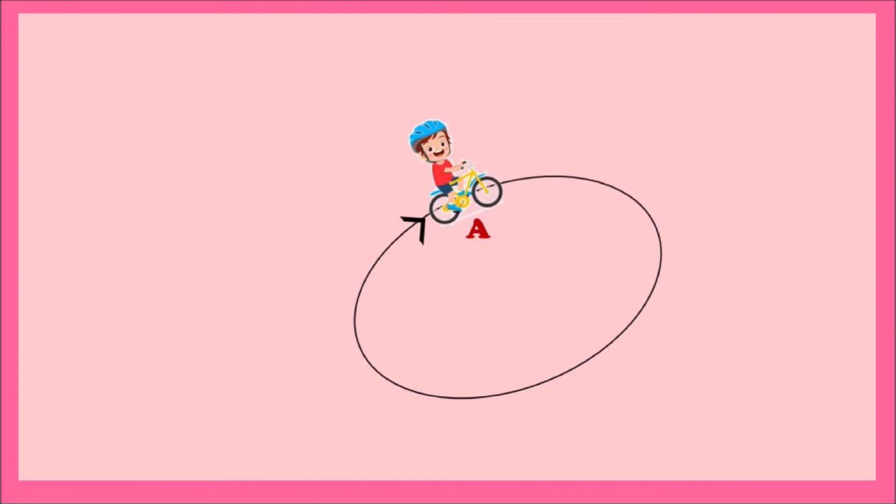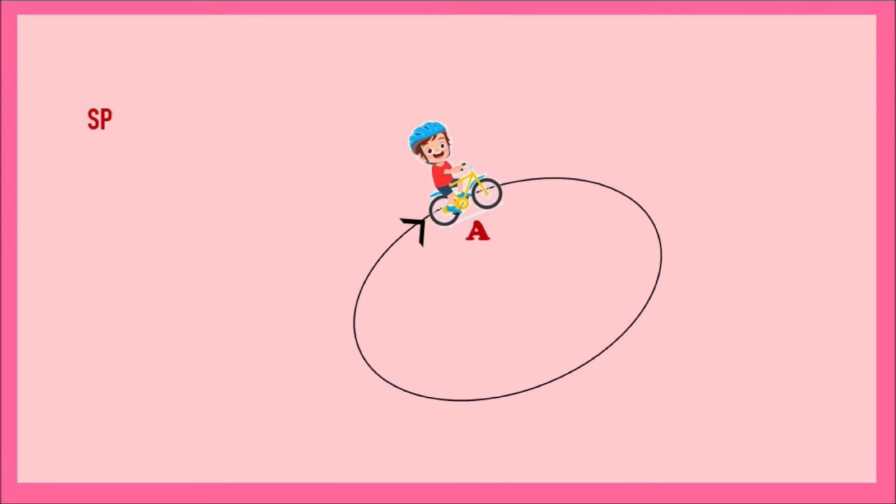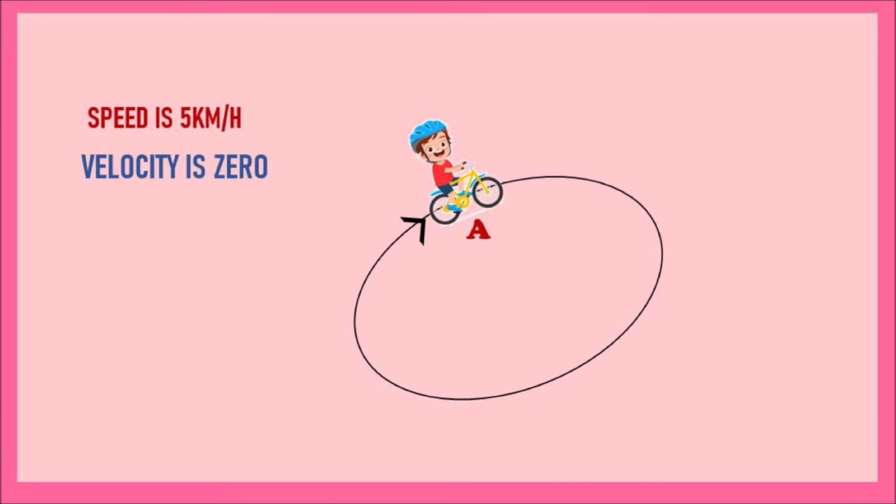So, for example, if you start from point A and you go with your speed in a circle and then you come back to point A again, the exact same point, then we say your speed here is 5 km per hour, but your velocity here is 0, and the reason it is 0 is because there is no directional gain.